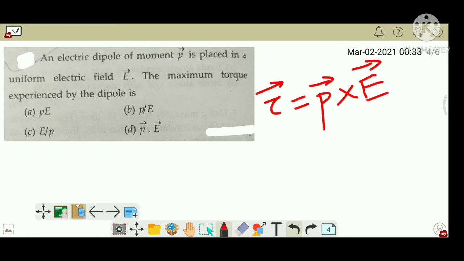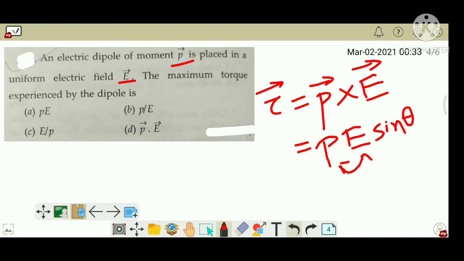E is the electric field and P is the dipole moment. It's a cross product, so to simplify we write it as P E sine theta, where theta is the angle between P and E.